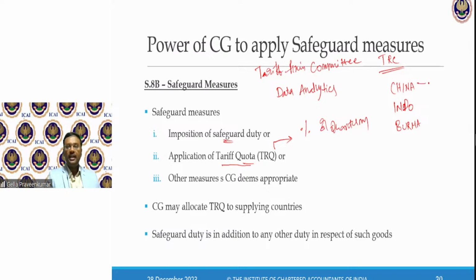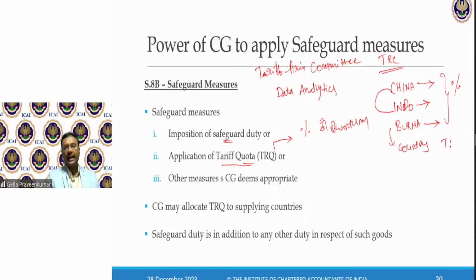China may make a direct supply or may make an indirect supply. Burma may make a direct supply. So here, the central government may decide, all put together, what should be the percentage of imports, or country specific.